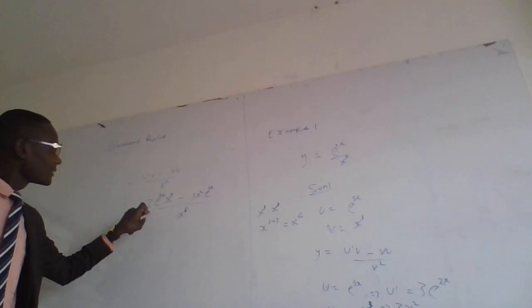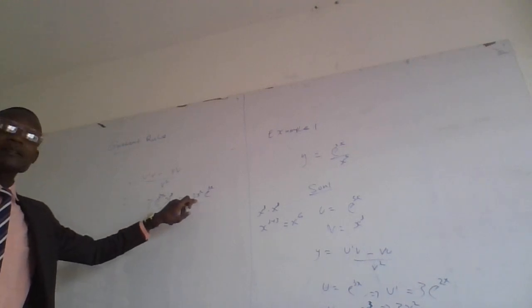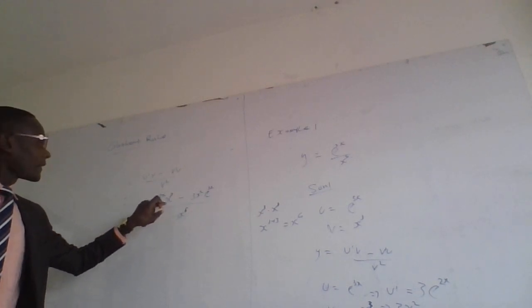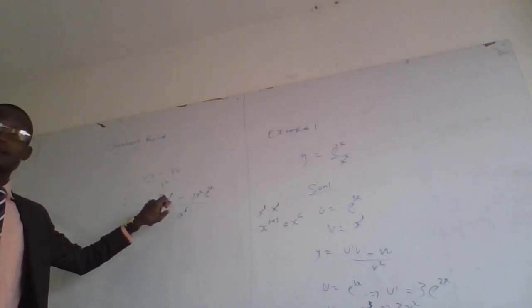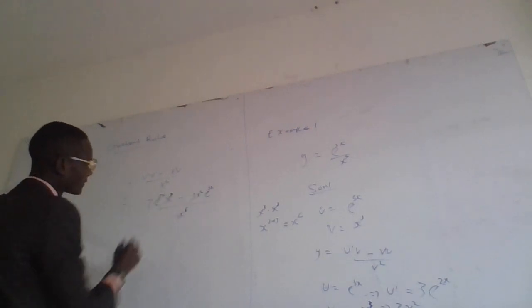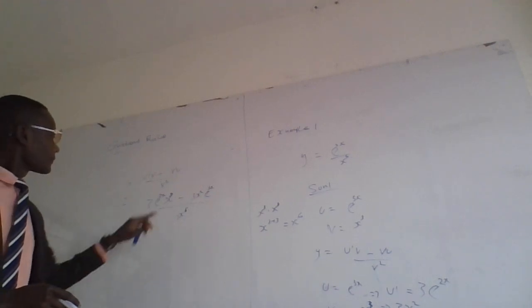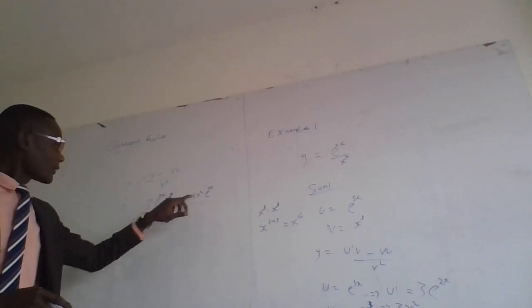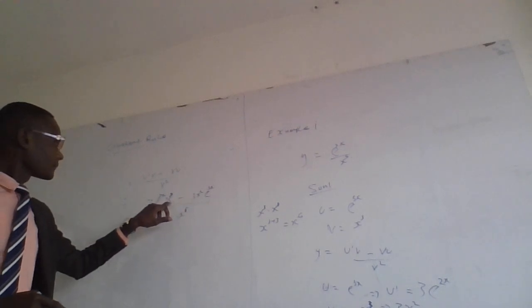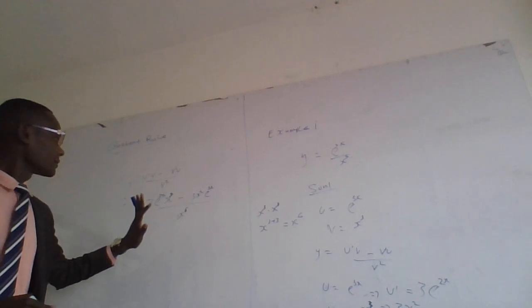I can see 3. 3 is common, isn't it? Another thing that is common? X power what? X power 3? We have x here. So x power 2 is common, together.